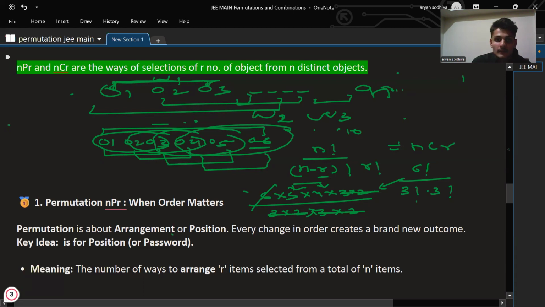You can also select O1, O2 with O6. That is also a way. Or you can select O1, O2 with O5, O1, O2 with O4. So with every group, 3 more groups are coming. O1, O2, O3 have 4 other groups also.